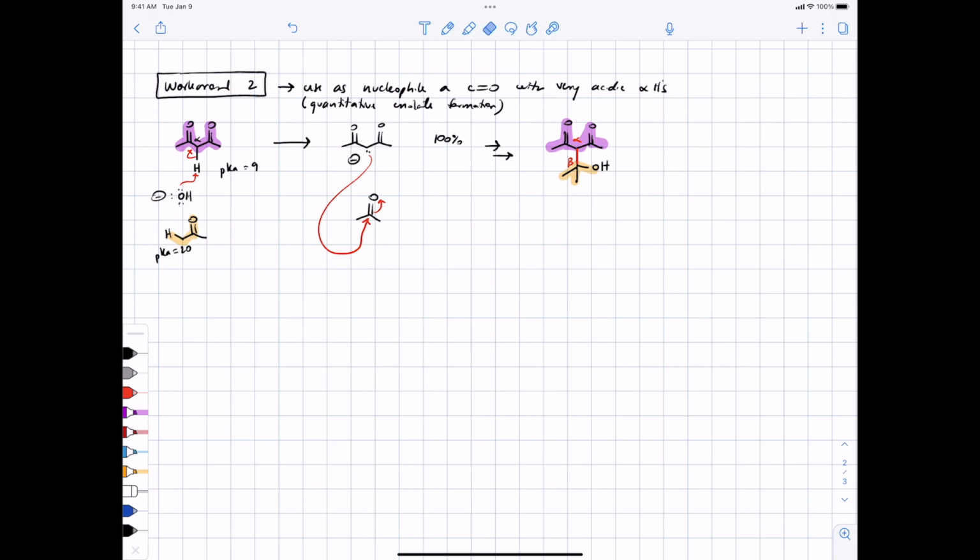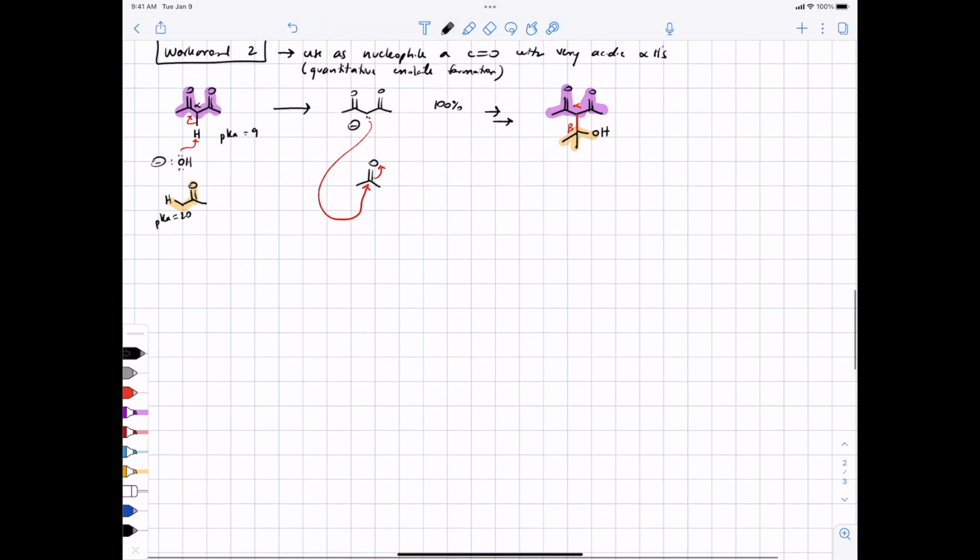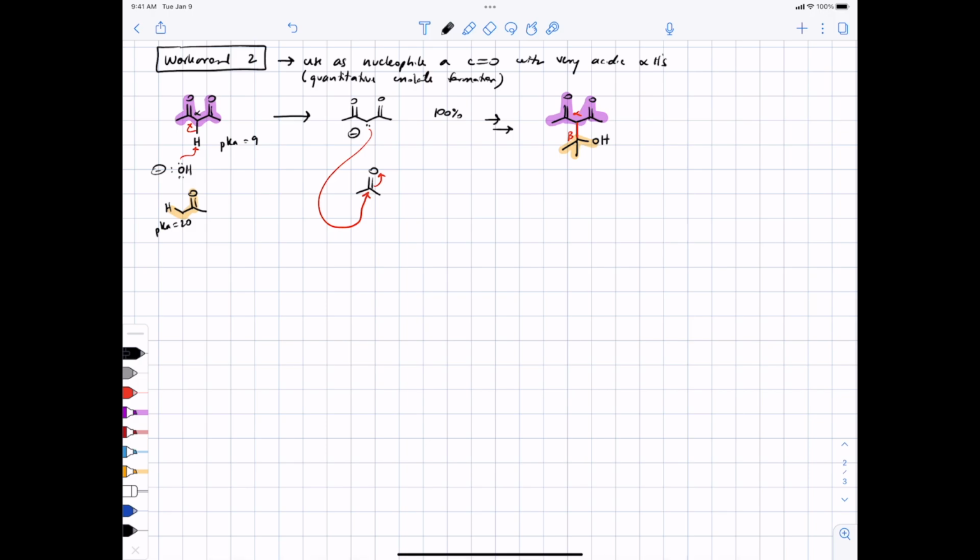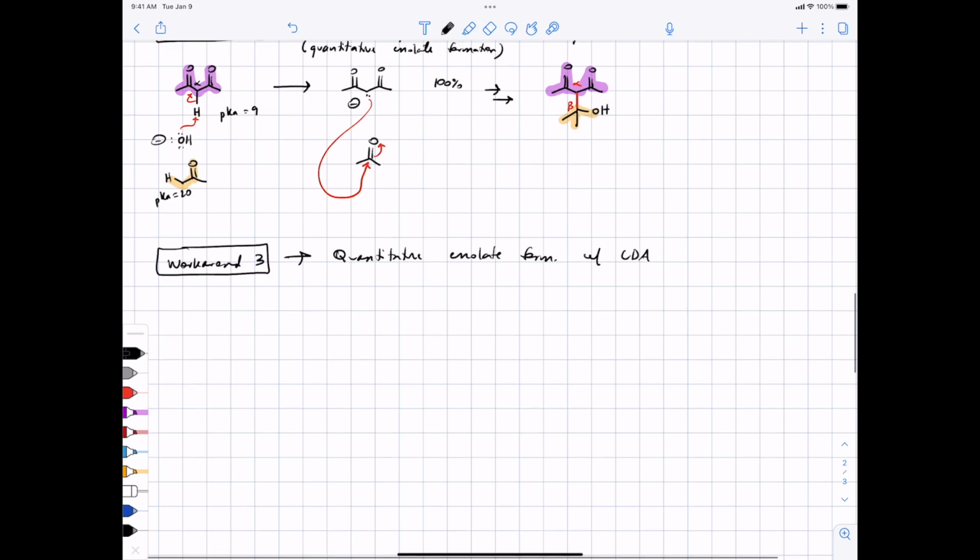All right, the final workaround is another version of that one. Only our focus for workaround 2 is on the identity of the carbonyl compound. Our focus for workaround 3 is also going to be quantitative enolate formation with LDA as a base.